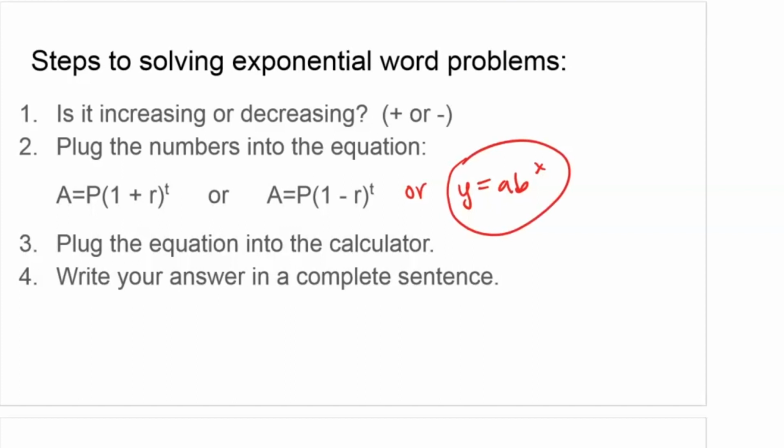If the rate is a percentage, then you use the other equations with a equals p. Plug the equation into the calculator, and then write your answer in a complete sentence. Because in word problems, you are actually talking about things, it's not just numbers. So make sure you include your units in your answer and you write your answer in a complete sentence.